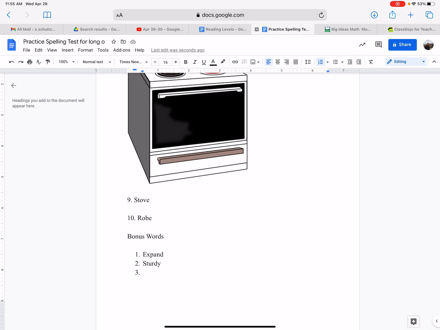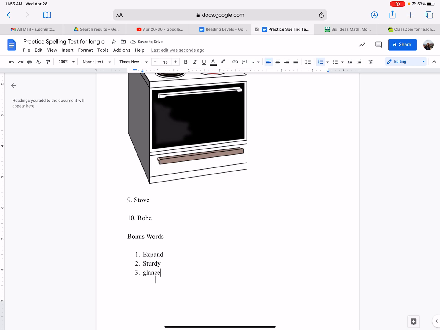G. What makes the G sound as in gorilla or gulp or glue? It's going to be G. L as in lion. L. And then A-N-T, ants. Glance.